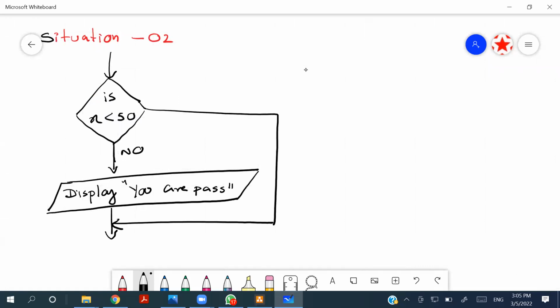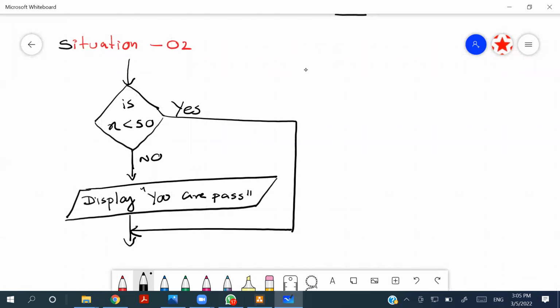Yeah. So you can draw this and you can see there is nothing in the yes path.